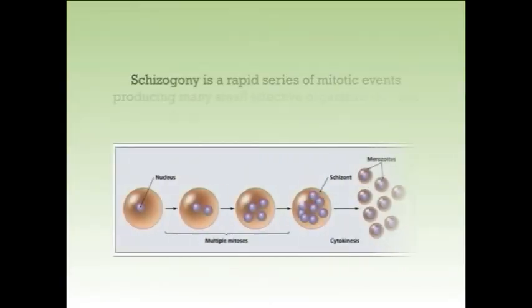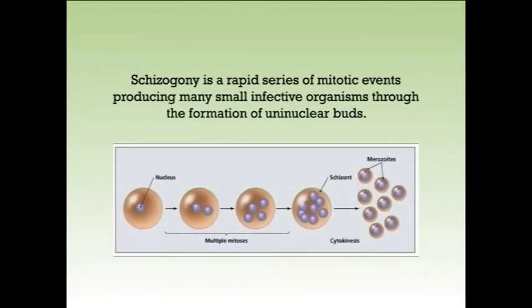At some point, an asexual reproduction known as schizogony occurs. So what is this schizogony? Schizogony is a rapid series of mitotic events producing many small infective organisms through the formation of uninuclear buds.